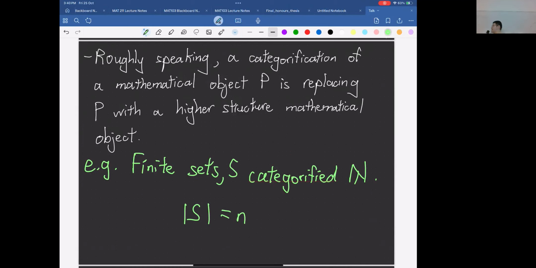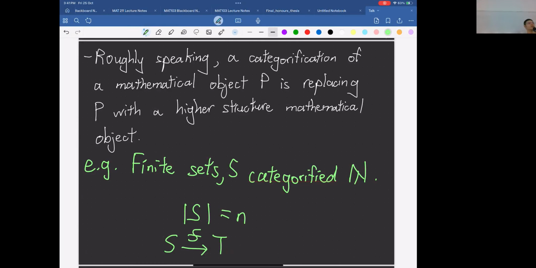But finite sets do better than natural numbers, because if you take two finite sets, you can consider maps between them. If you just look at numbers, all you can do is talk about whether one number is smaller or greater than the other. But with maps between sets, for example bijections, there are a lot of bijections between sets with the same number of elements. So there are more possibilities with maps instead of just less than or greater than. This is what we mean by a higher structure mathematical object. If you take cardinality, you reduce to a less structured object.